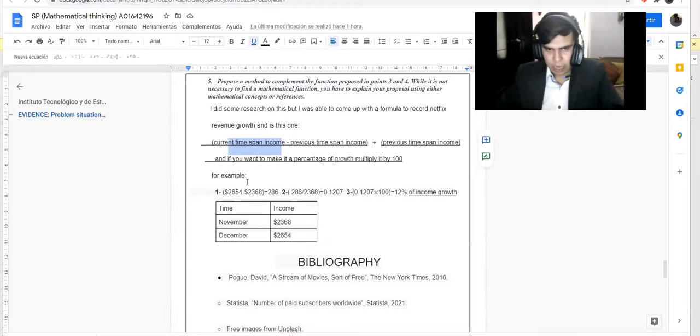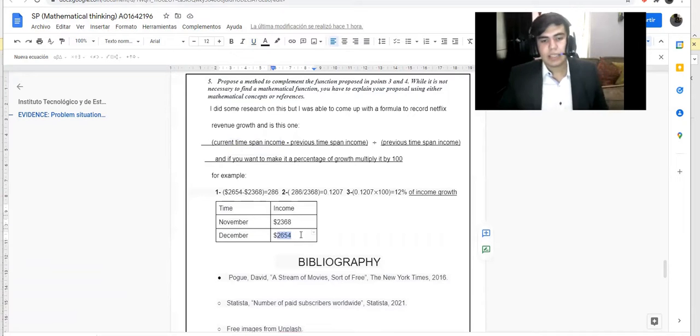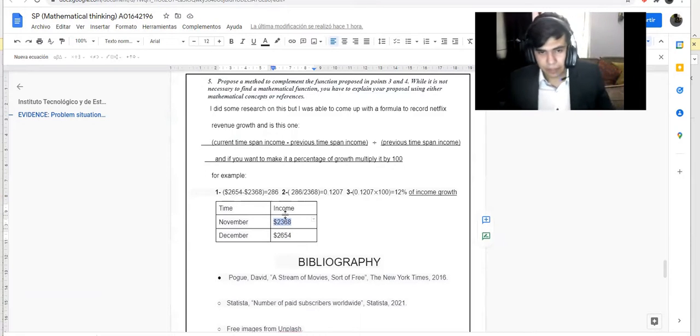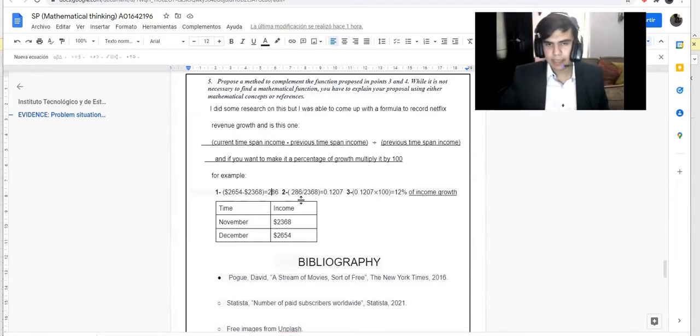For example, as we can see in this table, we have an income in December of $2,654. And for the last span, November, we have $2,368. December minus November equals $286.